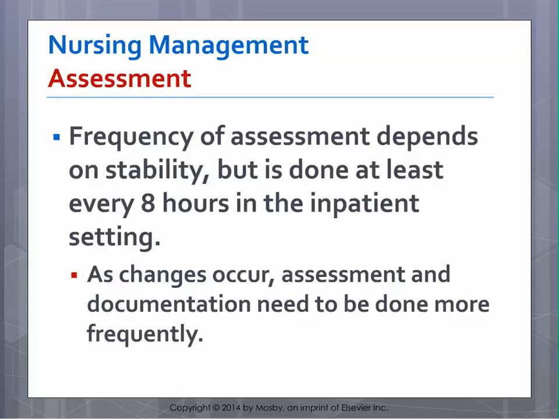The frequency of the assessments depends on stability, but it's done at least every 8 hours in the inpatient setting. As changes occur, the assessment and documentation need to be done more frequently. This seems sometimes like a burden to families, but physical assessments should be abbreviated and focus on changes that accompany the terminal illness.